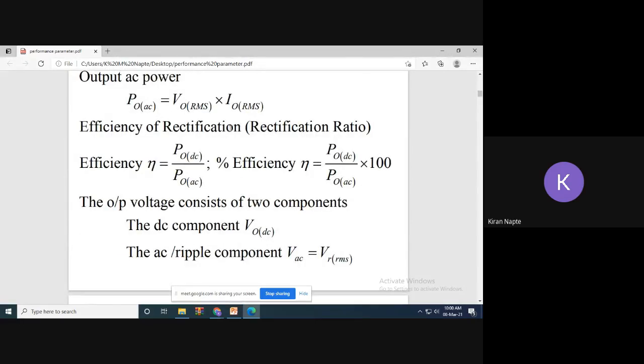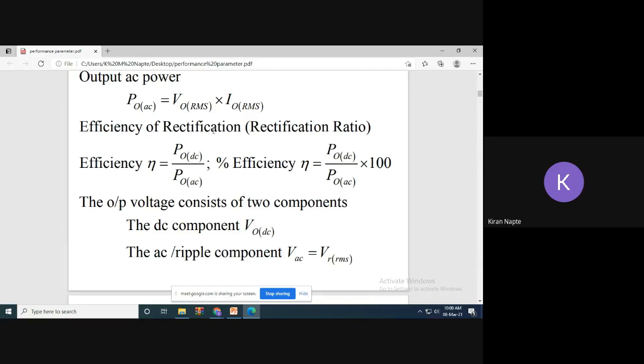efficiency of rectification. Next performance parameter is efficiency of rectification, or sometimes it is also called the rectification ratio. We all are aware that rectification is nothing but the conversion of AC into DC, right?